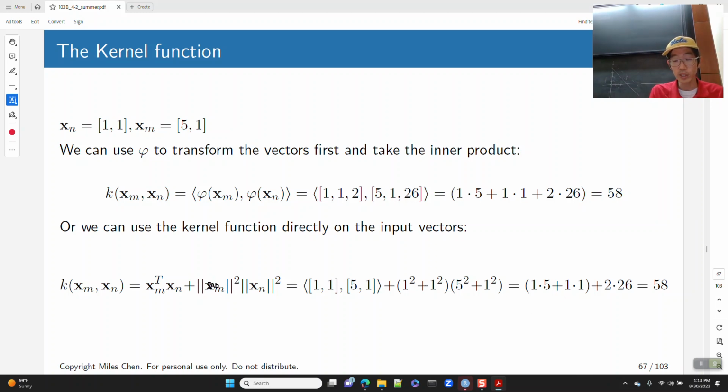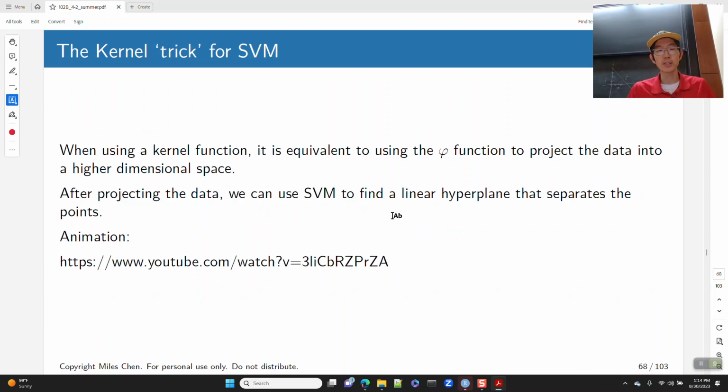Then the norm of xm squared is 2, and the norm of xn squared is 26. If I just apply it directly, I get the same value, 58. So we can get the same value just by using the kernel function directly, and I don't have to do this transformation. Why are we talking about this?